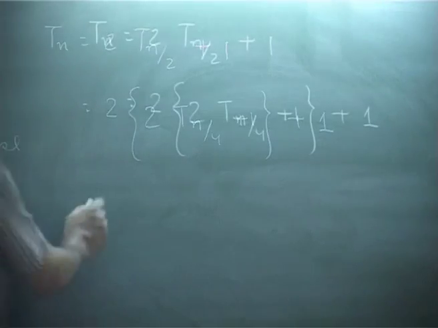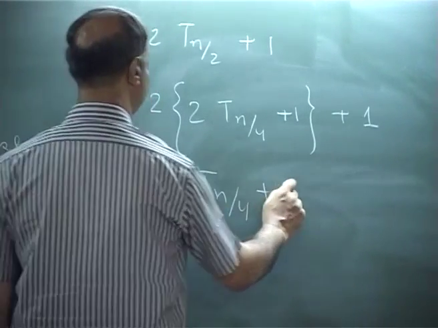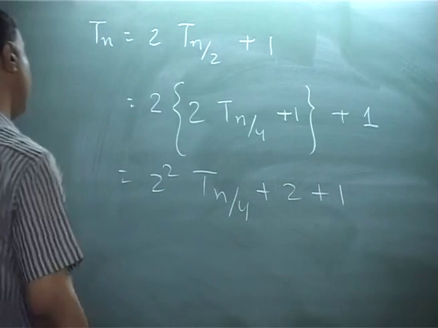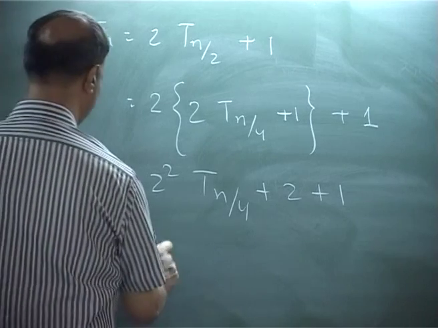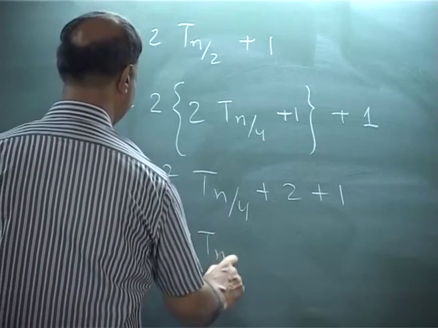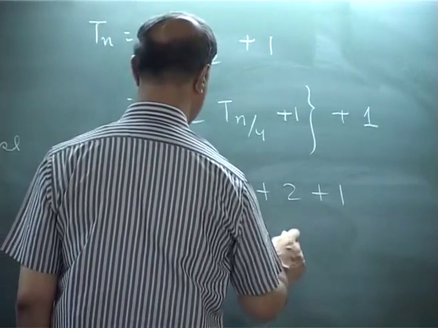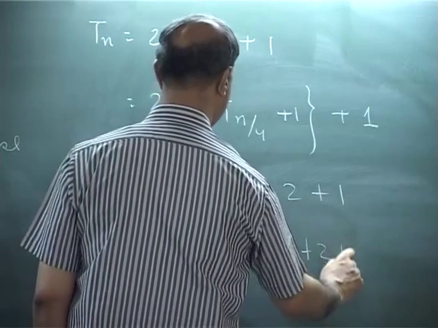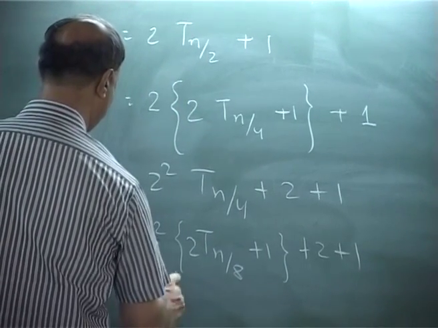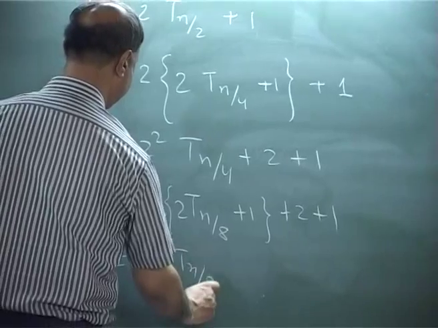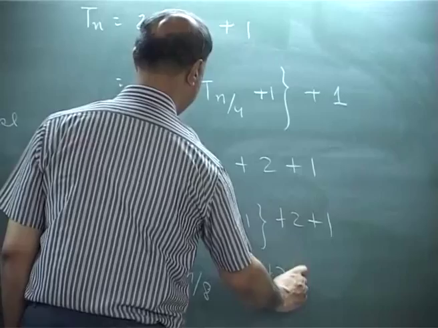It gives you 2 squared T(n by 4) plus 2 plus 1. The next time I get 2 cubed T(n by 8) plus 2 squared plus 2 plus 1.